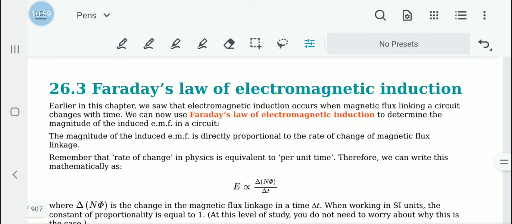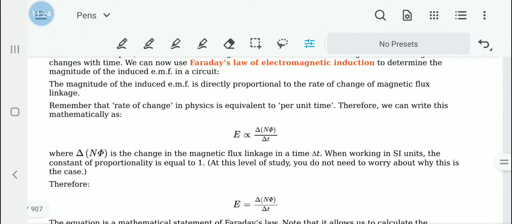To calculate the EMF when magnetic flux linking a circuit changes, we use this law. Write the equation.